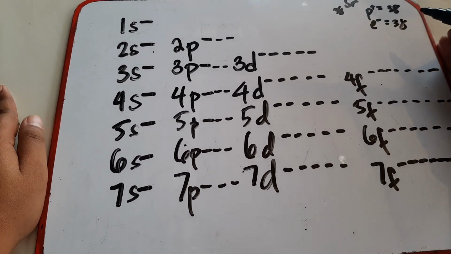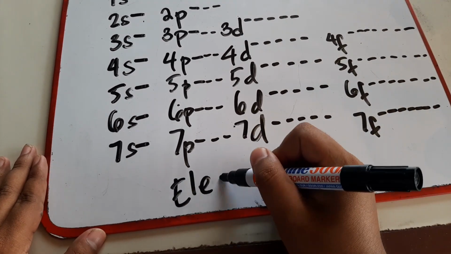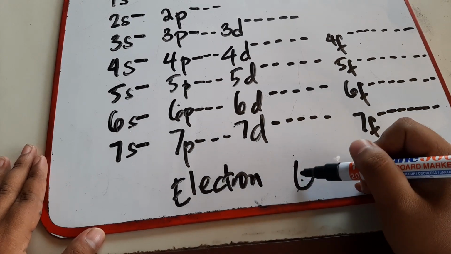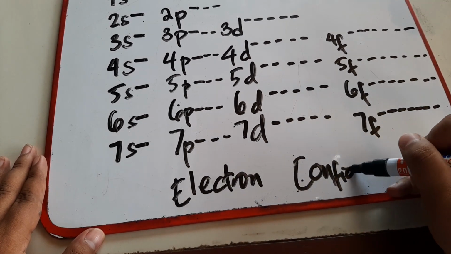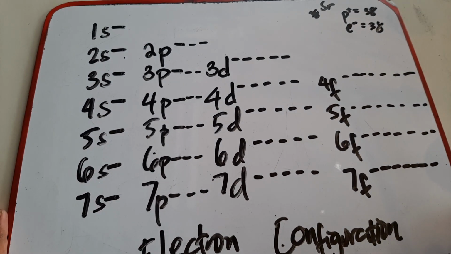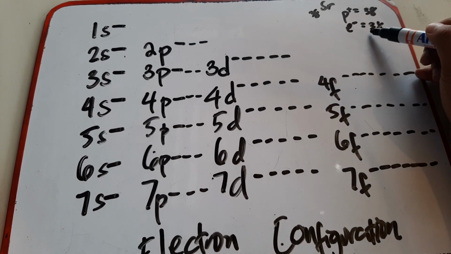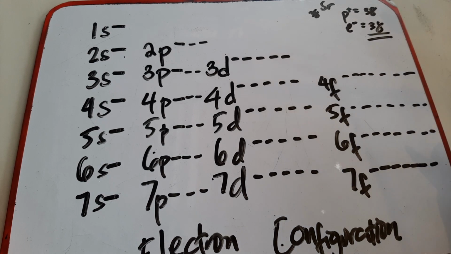Hopefully, you still remember that. Now we are going to do our topic, the electron configuration. And again, electron configuration is simply the distribution of the electrons. So we are just going to distribute this 38.